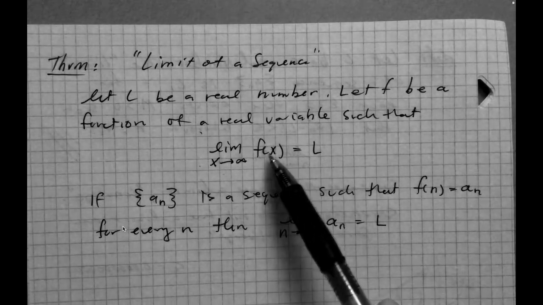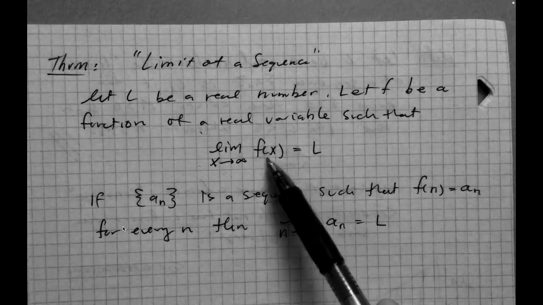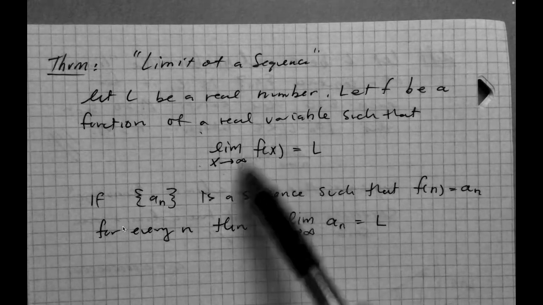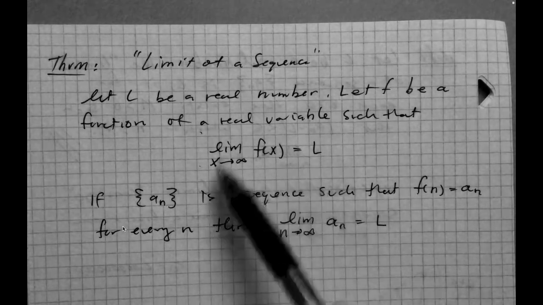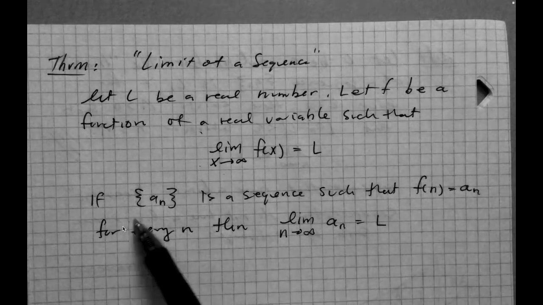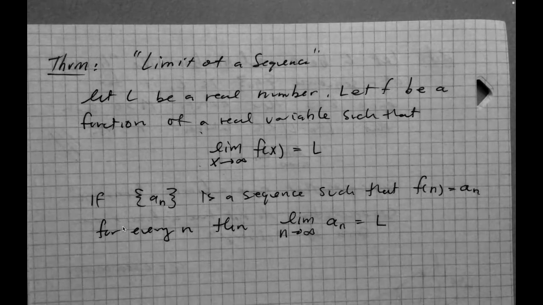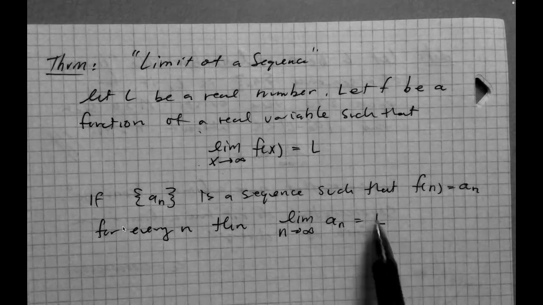It's just also defined for all of the numbers in between. But I could certainly plug in a 1, a 2, a 3, all of the integer values. And what this theorem is saying is that if f of n is equal to a of n for every natural number n, then the limit of the sequence is equal to L as well.